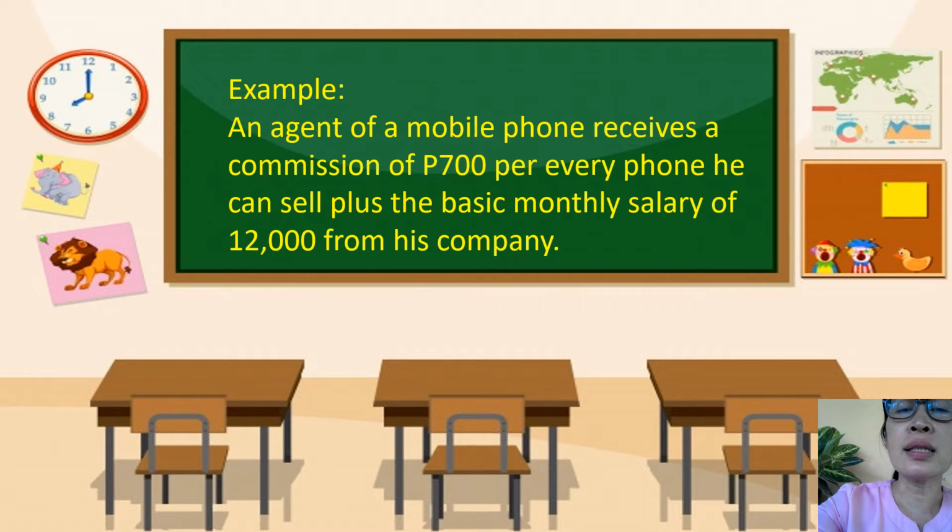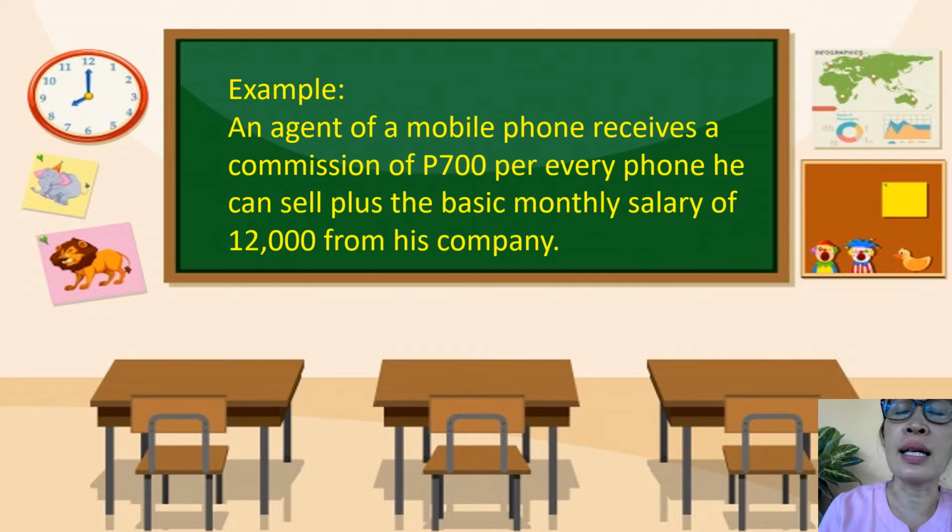So what does our problem ask for? We are asked to find the amount the agent receives if the agent can sell 1, 2, 3, 4, or 5 phones.